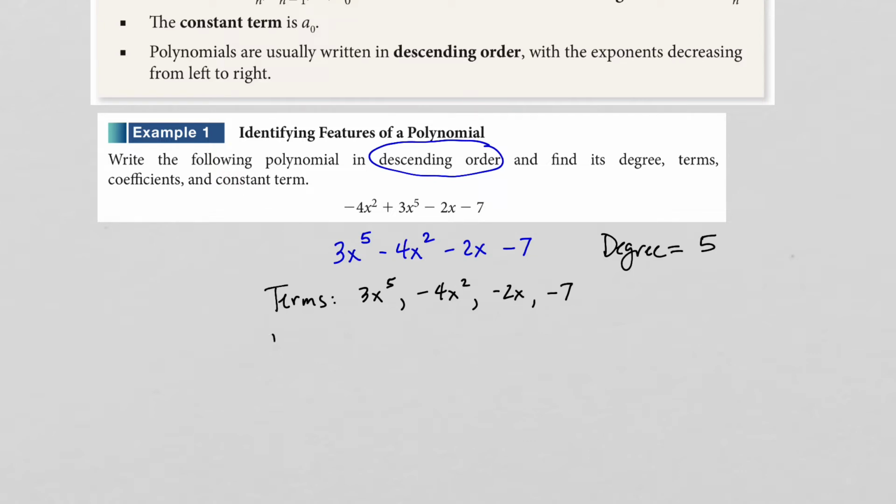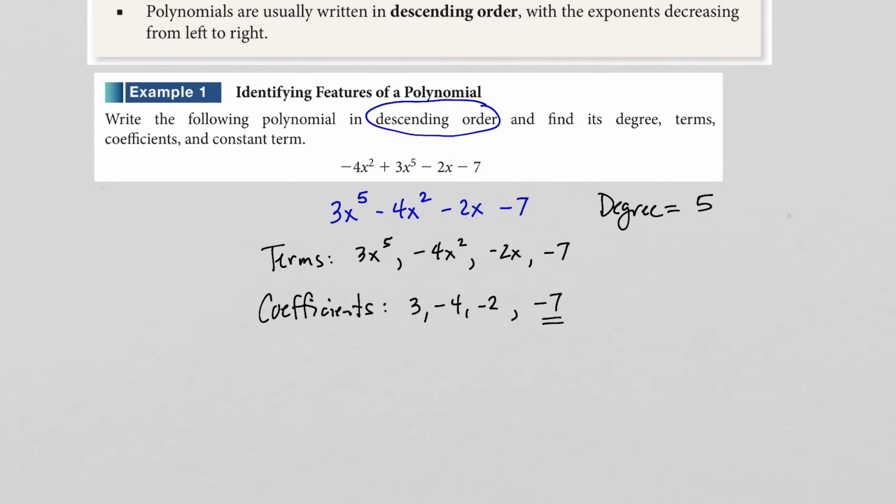So when you talk about the coefficients, you can do this in one of two ways. We can simply list the coefficients, as I just mentioned, and then I'll include the constant term on the end here. Or you can be more specific about it. We could say the coefficient of the fifth degree term is 3. So notice the notation is a5 is equal to 3.